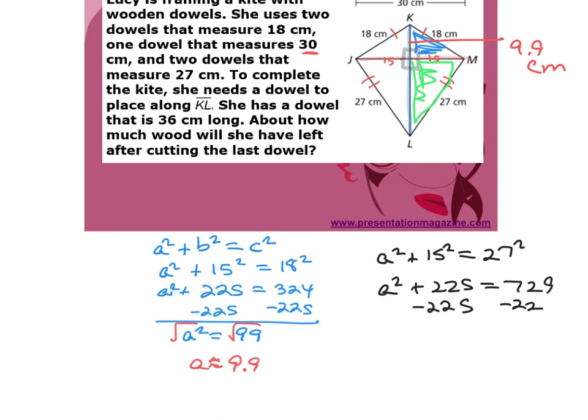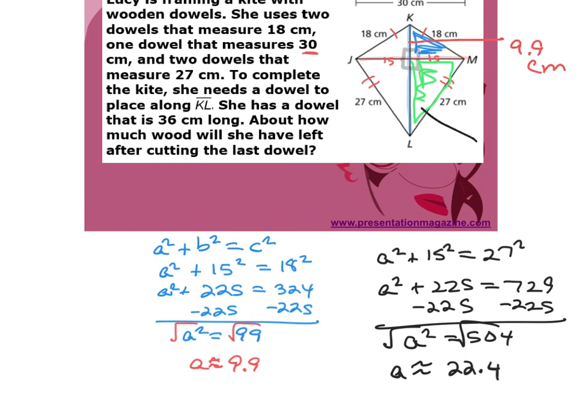Subtract. A squared equals 504. Square root both sides. And this time, this little piece is going to be around 22.4. So this piece of the kite of KL is 22.4.